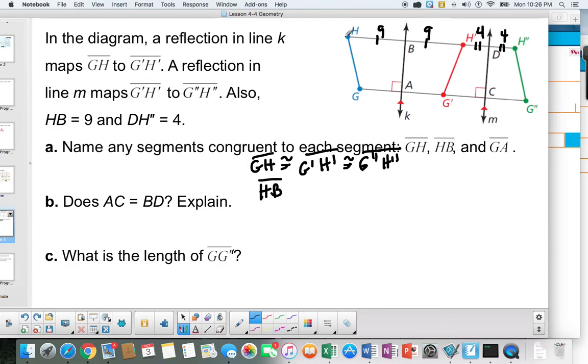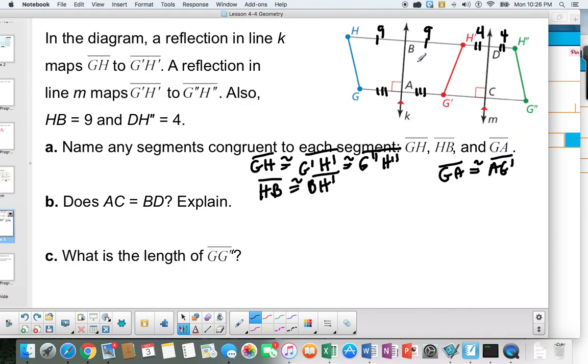Segment HB right here is congruent to B H prime. Now what about GA? Segment GA is right here, and it will be congruent to this other side because this is acting as a perpendicular bisector, so it's congruent to AG prime.